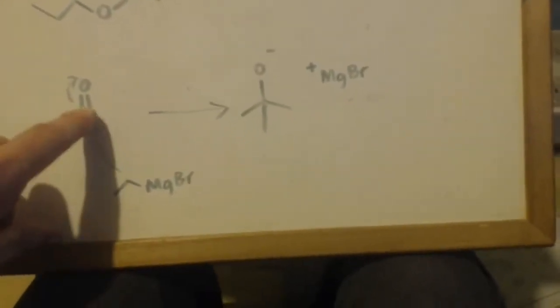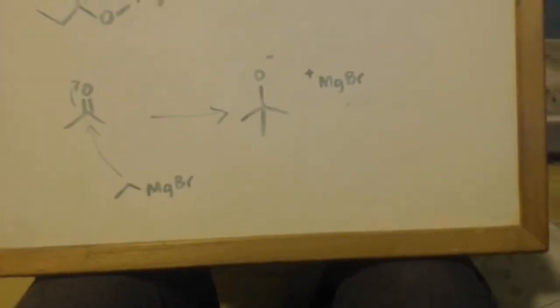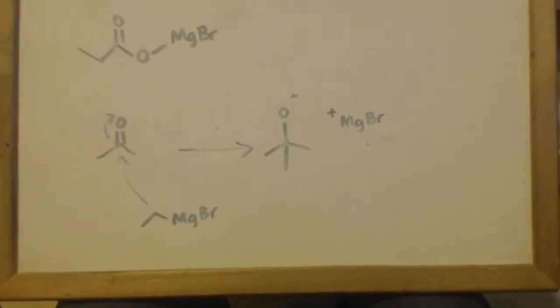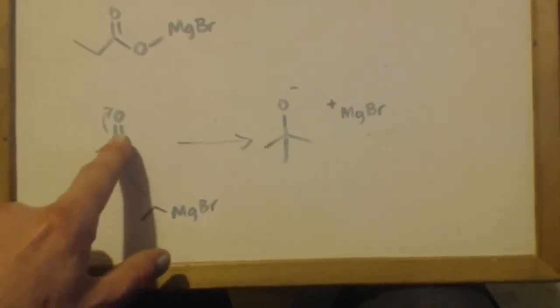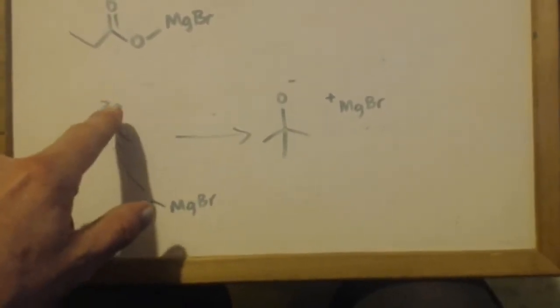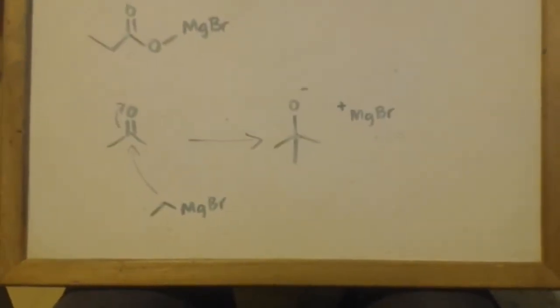The carbon is positive and the oxygen is negative because it's more electronegative, so it pulls on the electron density and makes this carbon positive. What happens when you have a negative and a positive? The negative goes up and attacks. Boom. This double bond goes up onto the oxygen as an extra lone pair of electrons, right?